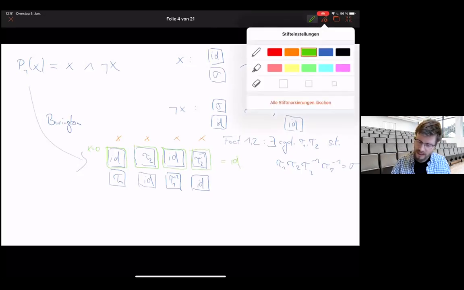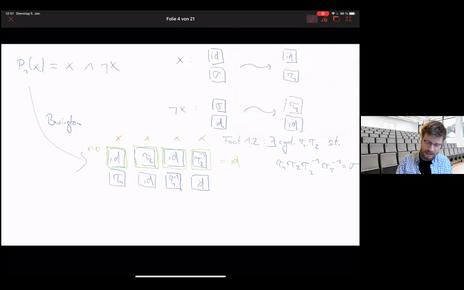Okay, and on the other hand, let's say x equals 1. So then we multiply these guys here together. We always select the lower one, right? X always selects the lower matrix here, and this is tau 1 times identity, still tau 1 times tau 1 inverse.